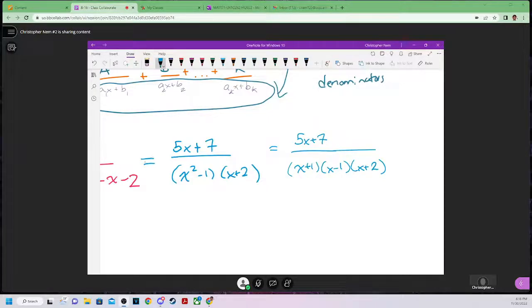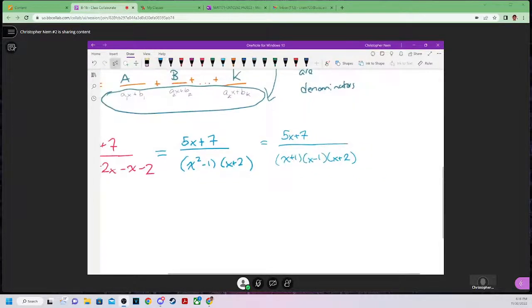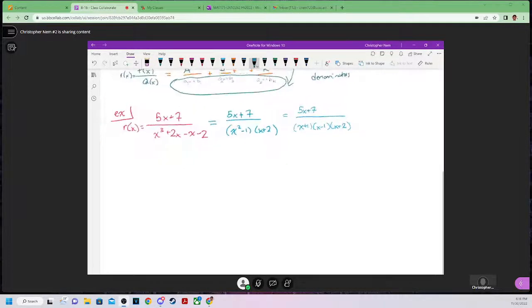So now this is what our r of x is. And we can count how many factors I have for my denominator. I have 1, 2, 3. They are all linear because x has an exponent of 1. Each of these has x raised to the first power, which means these are all linear factors and they're all different.